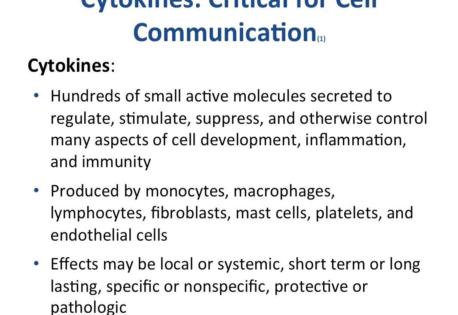Cytokines are all kinds of proteins or polypeptides that are secreted by the lymphocytes. So they can induce the inflammation and immunology reaction. So many cells can secrete cytokines such as monocytes, lymphocytes, and even the platelets can secrete the cytokines.